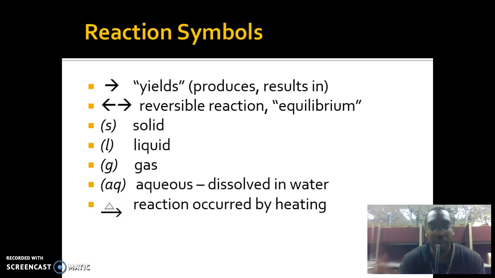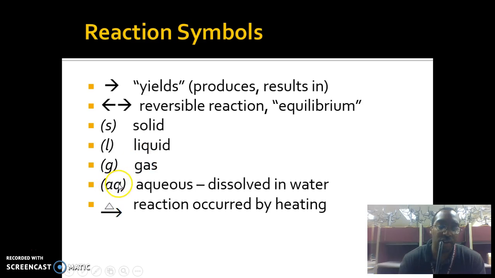Okay, here are some symbols that you're going to need to know for these reactions. When you're looking at the equations, you have a single arrow. That means yields or produces or results in. So this separates the reactants from the products. You have your reversible arrow, your double arrow, that shows a reversible reaction or equilibrium. You have your S, L, and G for solid, liquid, and gas.